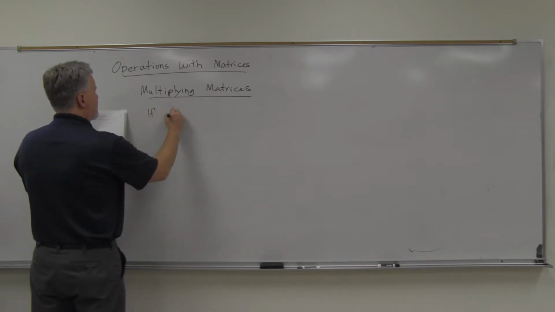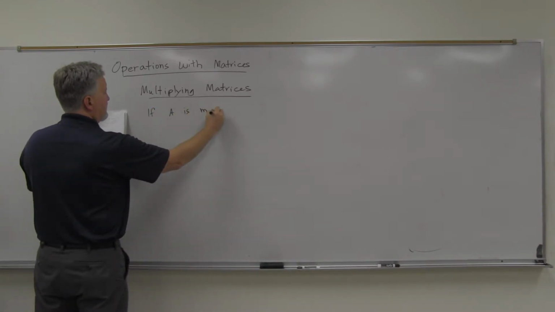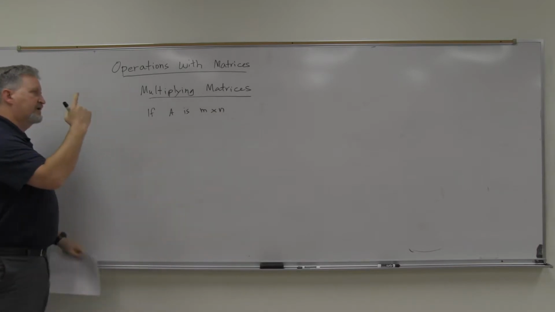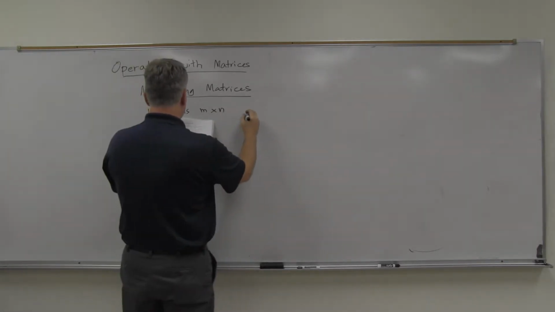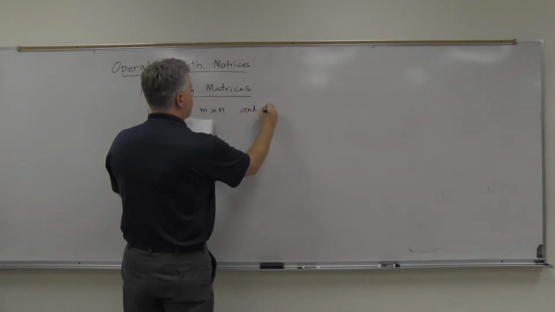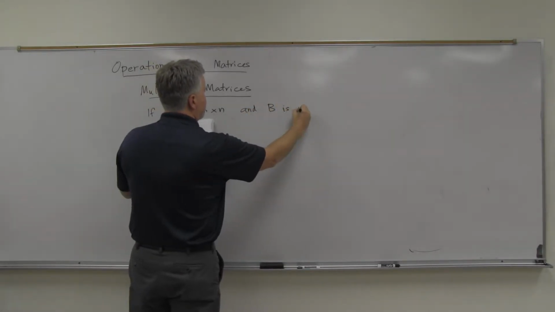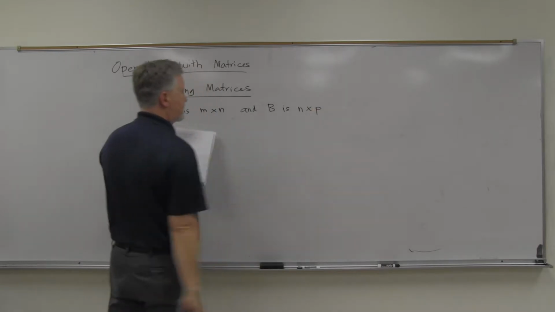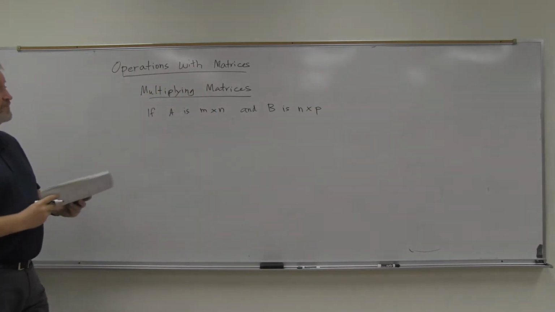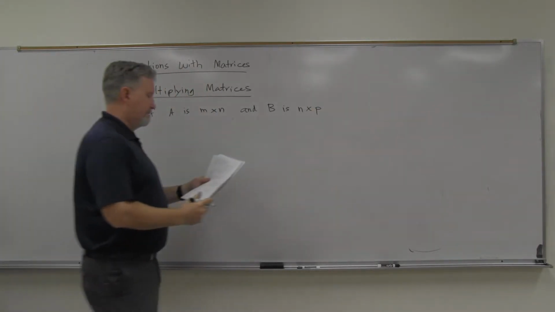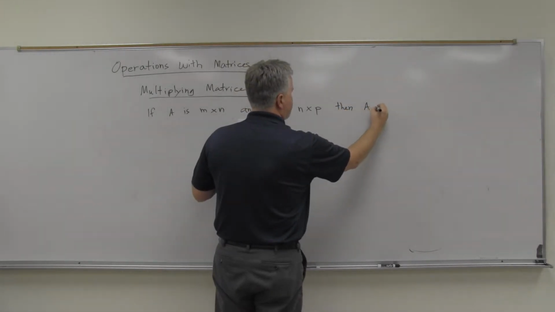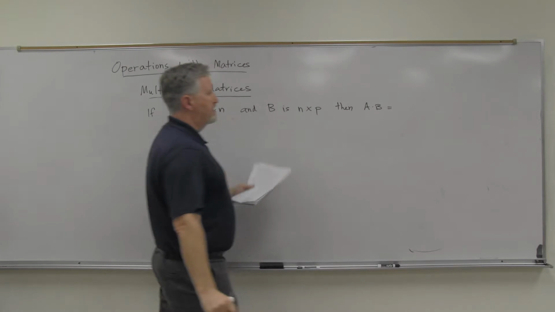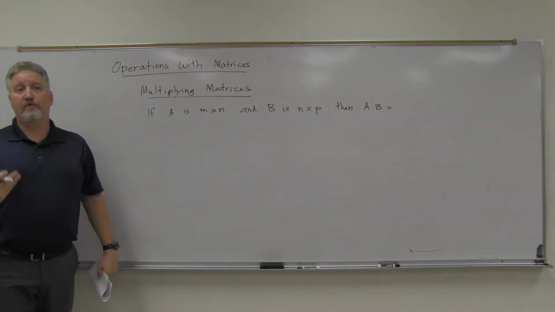If A is m by n, so you got m rows and n columns, and B is n by p, so n rows and p columns, then A times B is defined, so this is a scenario when you can multiply.